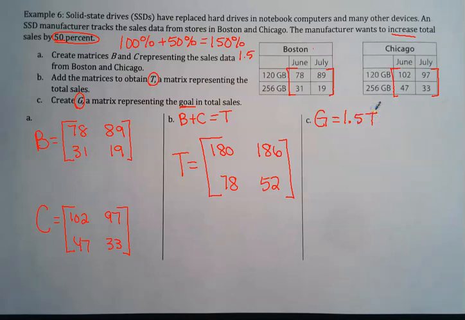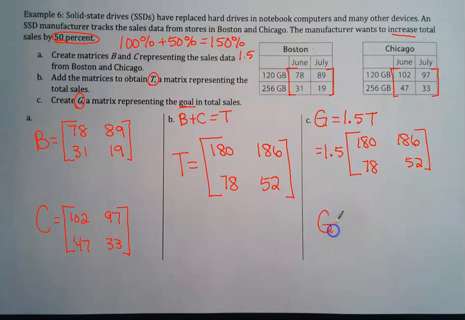So our goal equals 1.5 times our total. Again, if you give me this equation, that's going to be helpful. So our scalar is 1.5, and we're multiplying it by matrix T, the 180, 186, 78, and 52. Remember, we distribute the scalar to every element inside.